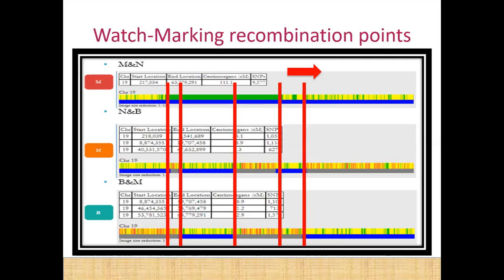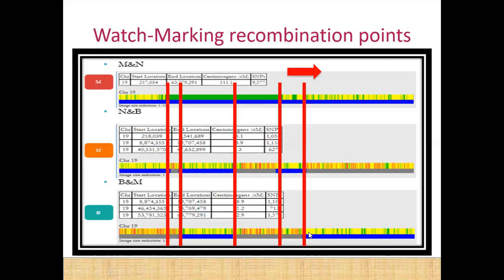The N and B comparison, starting at this recombination line, is a no match, so siblings N and B share no DNA on either of their chromosome 19s with each other at the end of chromosome 19. The D and M comparison shows that siblings D and M actually received some of the same DNA.